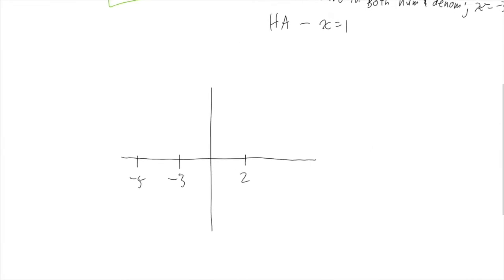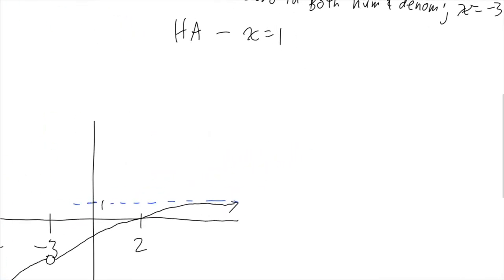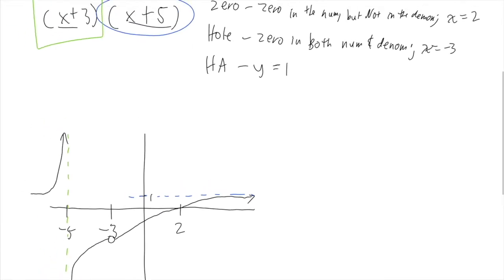So this function's going to look something a bit like that. As you can see, there's a vertical asymptote at x equals negative 5 and a horizontal asymptote at y equals 1. Oops, that would explain why I was a little confused there. Y equals 1.